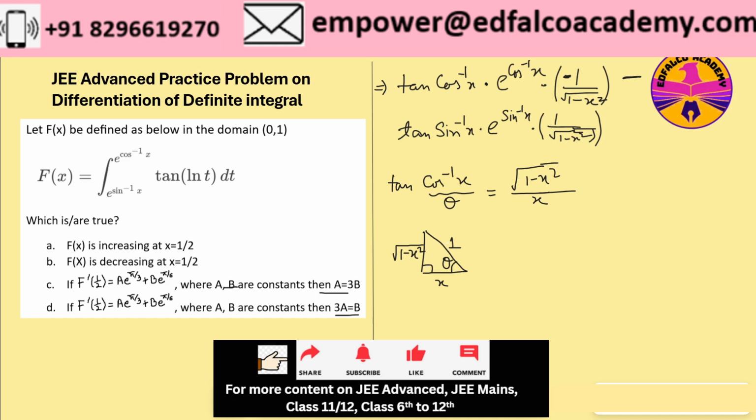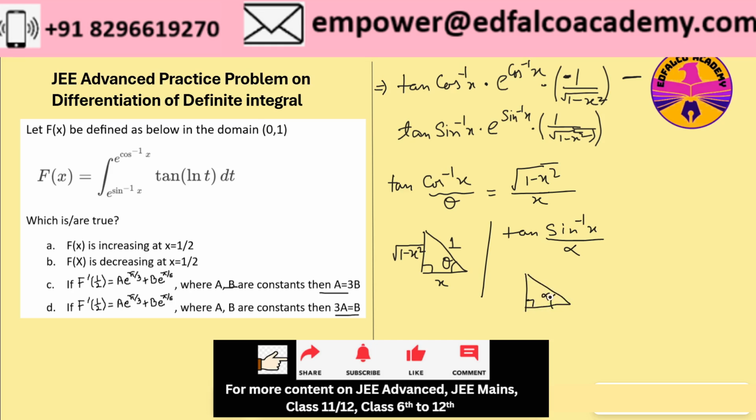Now same way, if I have to find tan of sine inverse x, I again assume it to be, let's say, alpha, and then again try to draw a similar kind of right angle triangle with this angle as alpha.